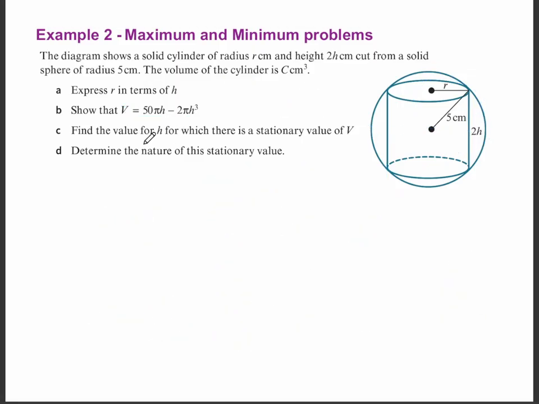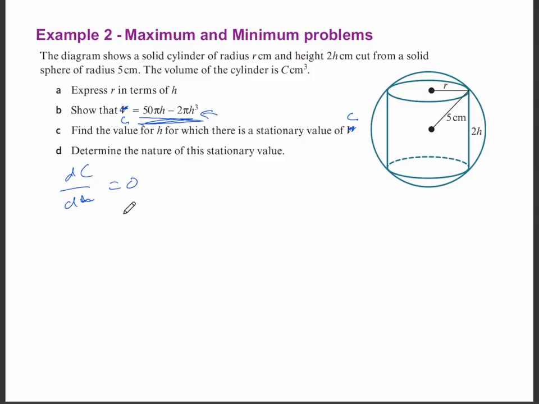Then we are told to find the value of h for which there is a stationary value of V. Stationary value of V meaning find the value of h for which there is a stationary value of C. That means our dC/dh is equal to 0. And our dC/dh is just the derivative of this equation right here with respect to h, which is the independent variable.